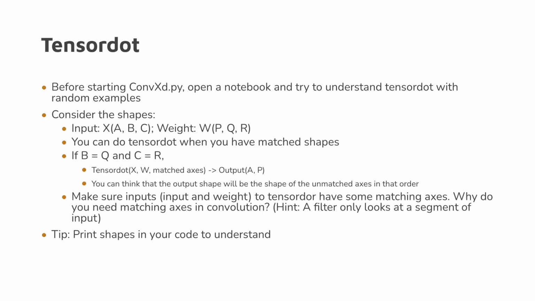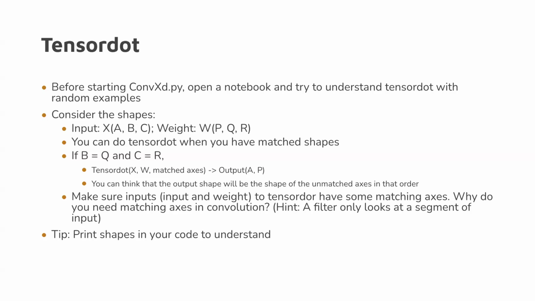As seen on the slide, we are considering that B is equal to Q and C is equal to R. That is, along these dimensions, the shapes are similar.